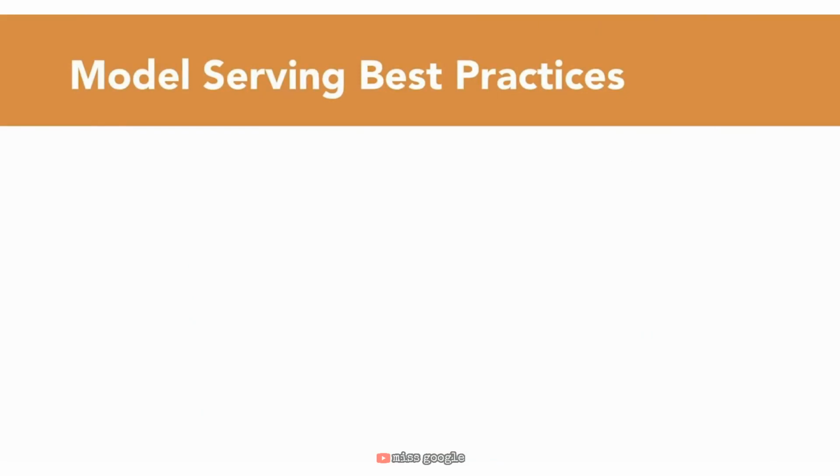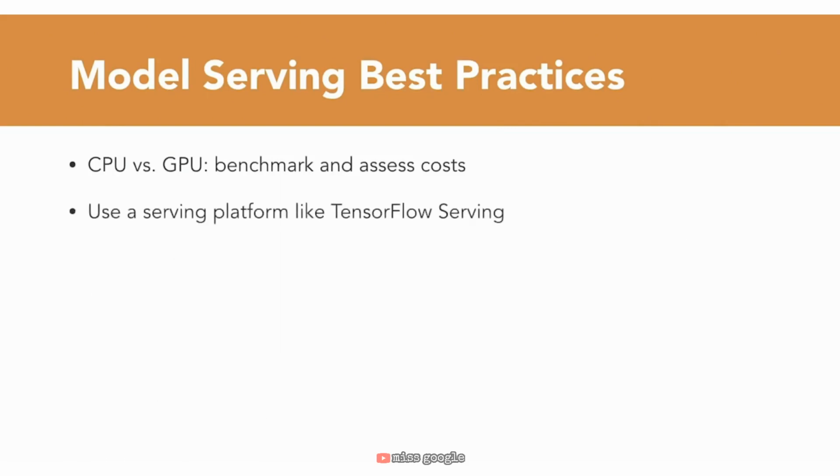They may or may not provide a significant advantage in model serving. It's highly recommended to compare costs between CPU and GPU implementations for serving, as using 10 CPUs instead of one GPU may be cost effective overall. Use a model serving platform like TensorFlow Serving to harness out-of-the-box functionality and scaling.